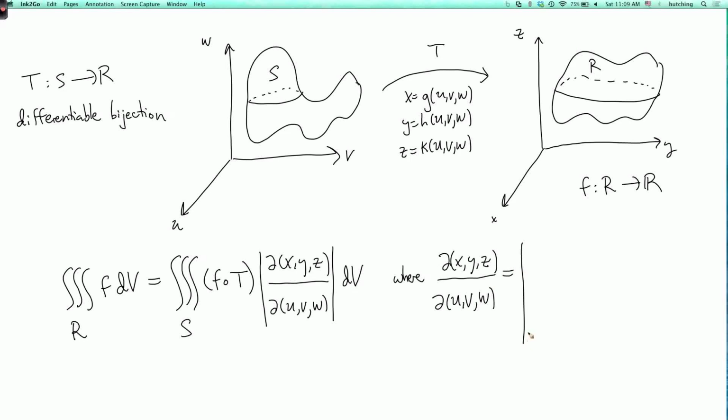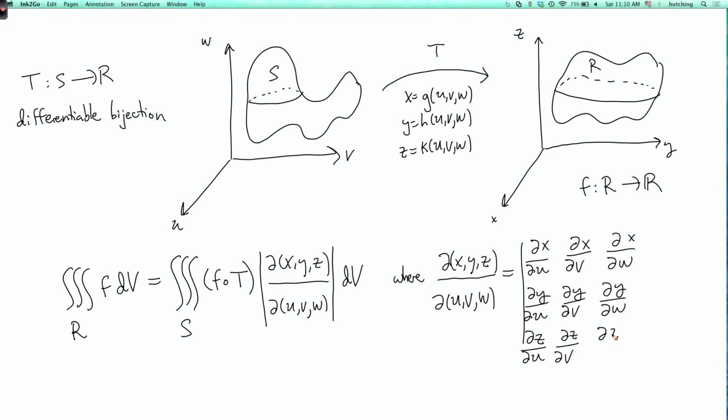is the determinant of dx du, dx dv. Basically we just put all the partial derivatives into a matrix here. And then we have dy du, dy dv, dy dw, and dz du, dz dv, dz dw.